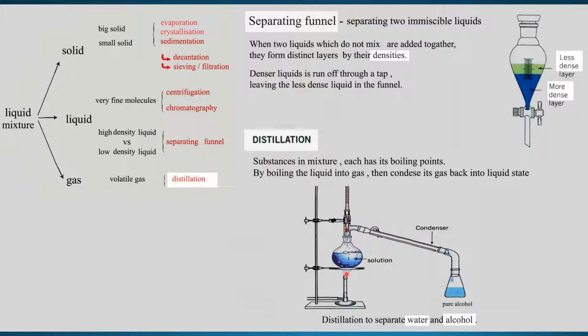I heat up this solution, and when the temperature goes to 78 degrees, which is the boiling point for alcohol, the water remains but the alcohol will evaporate. When it evaporates, it goes through the condenser and is separated out. So now this becomes the pure alcohol, and left behind will be the water.